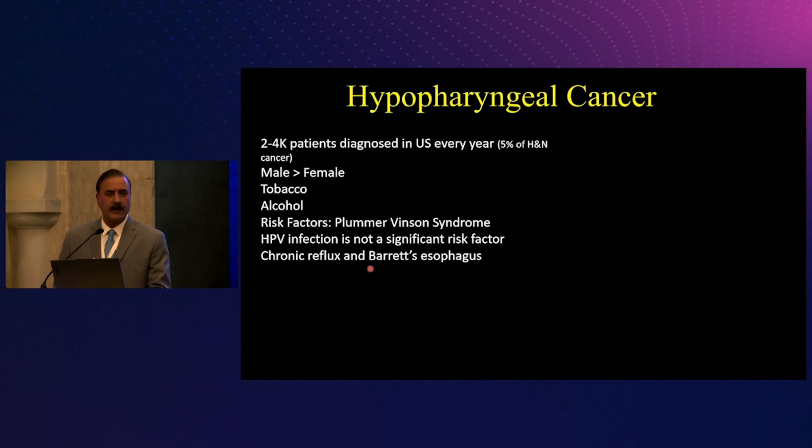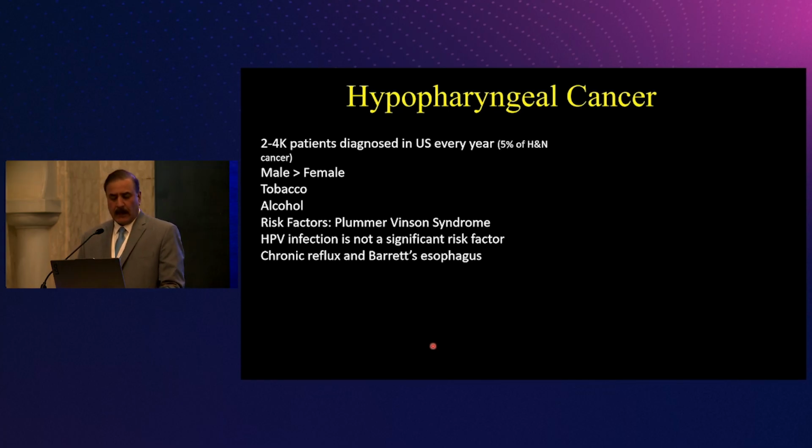HPV is not a big factor in hypopharyngeal cancer as it is with the oropharyngeal cancers. And then Barrett's esophagus and chronic reflux esophagitis are also thought to be predisposing factors for development of hypopharyngeal cancers.